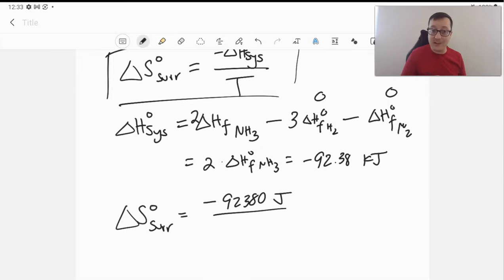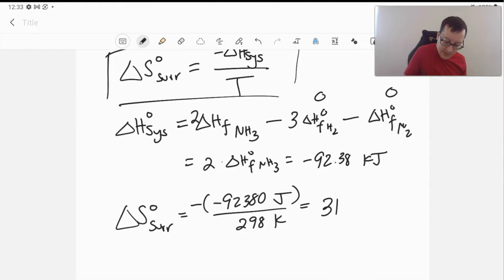Remember, we want joules because delta S has units of joules per Kelvin, over 298 Kelvin, right? We do this, we get, this should be positive, right? Because our delta S is the negative of the delta H. So negative of this. So it'll be positive 310 joules per Kelvin.